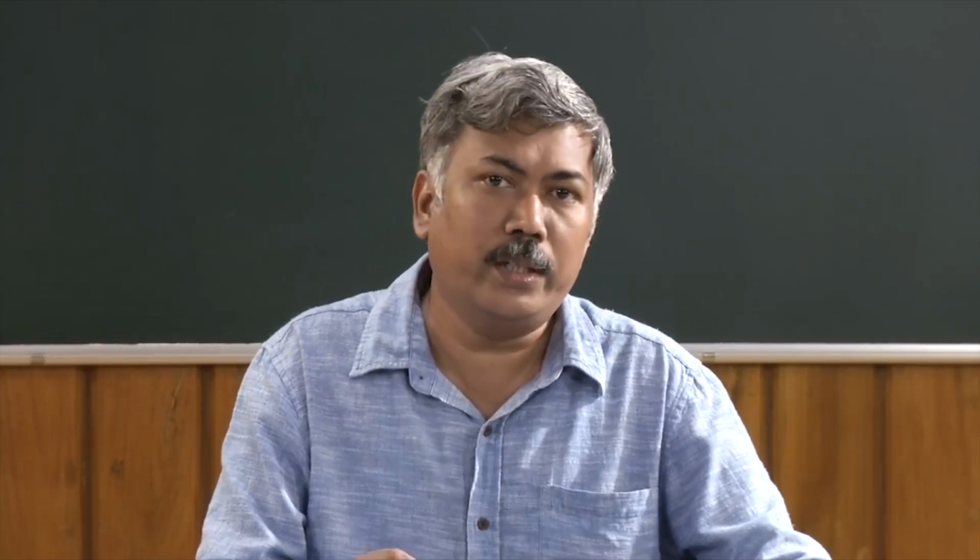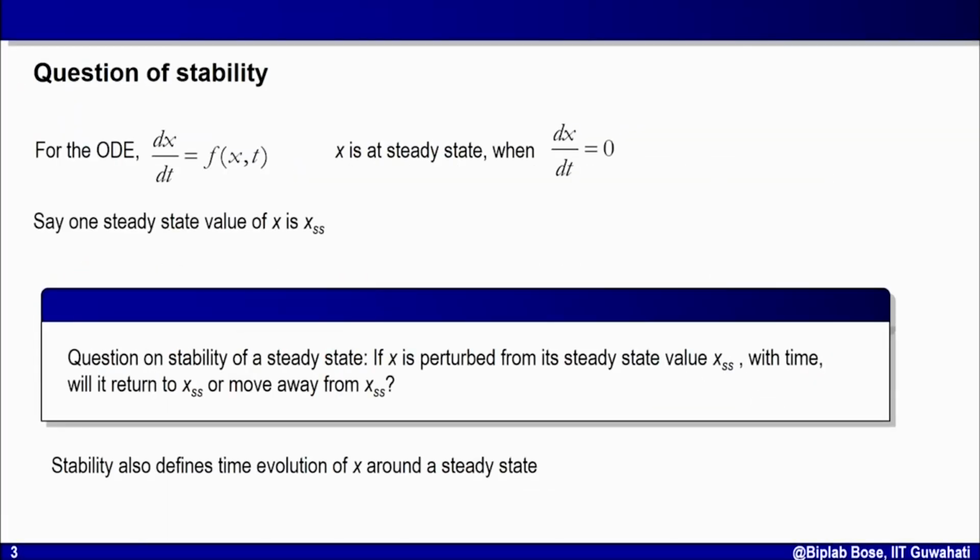Now let us try to understand the concept of stability of a steady state. Suppose I have an ODE as given here, dx/dt is equal to a function of x and t. As I discussed just now, at steady state dx/dt will be 0.